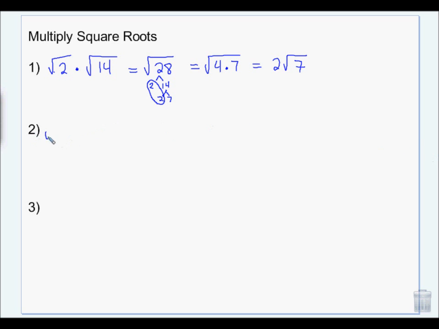We could try the square root of 5 times the square root of 10. Anybody know a perfect square that lives inside 50? If we start naming perfect squares, we've got 1, 4, 9, 16, 25.